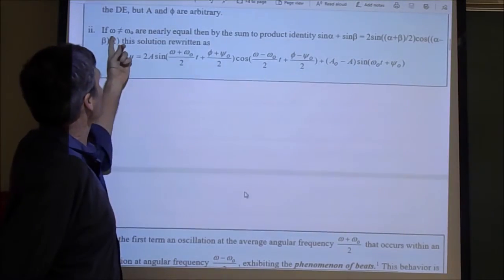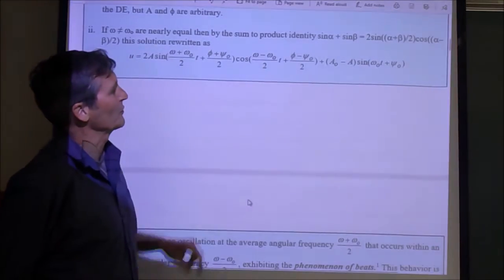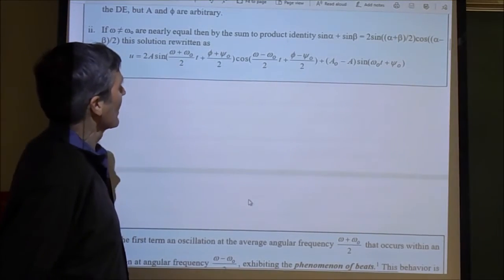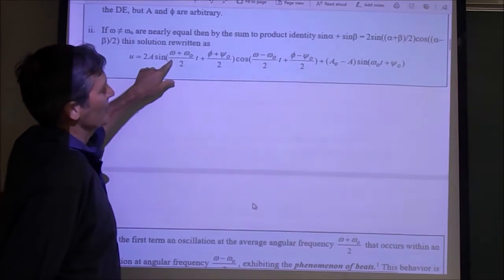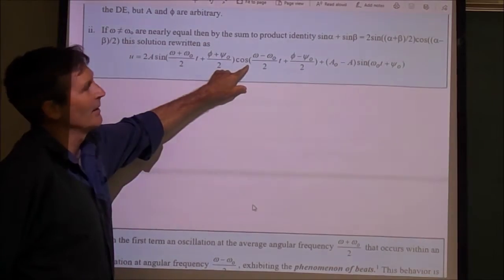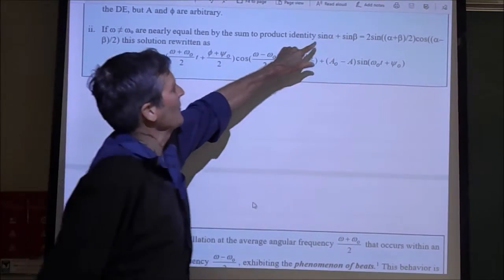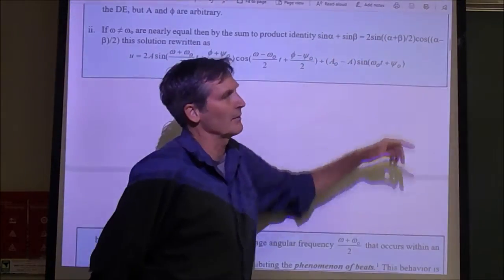However, if the two frequencies are approximately equal, almost equal, it's really useful to put it in this form, and I should say, part of it combines. This says if you take two sine waves with the same amplitude at different frequencies, you rewrite them like that.